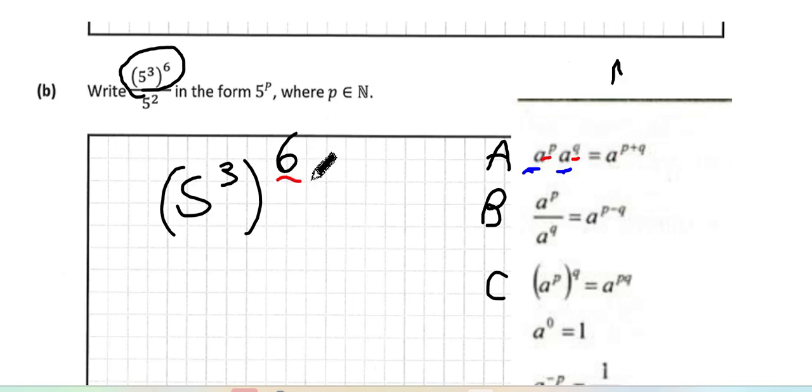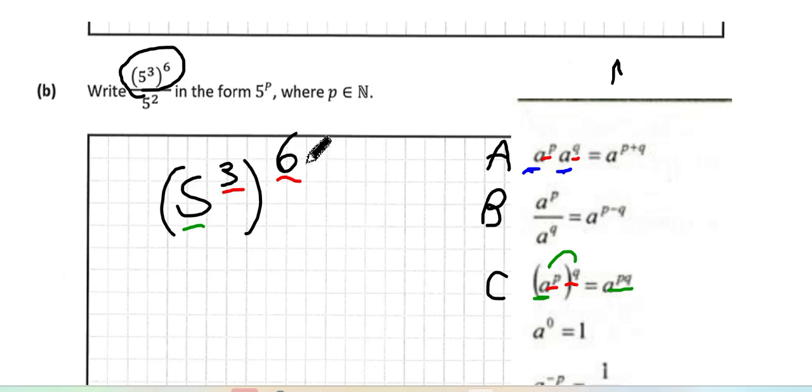Well, this one has 2 small numbers and 1 big number and the brackets. But the main thing is 1 big number and 2 small numbers. And it says PQ, P and Q is PQ. What does PQ mean? P multiplied by Q.